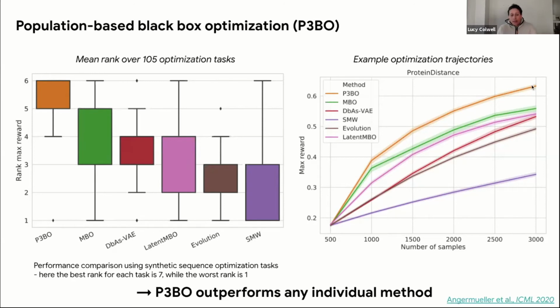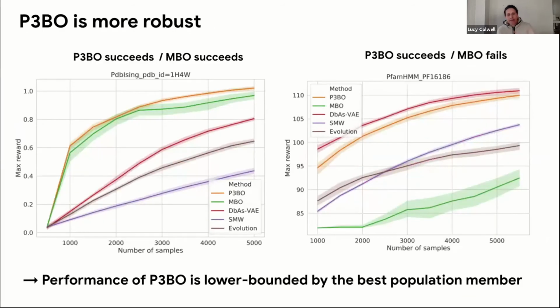And it's sort of cheating because it's basically combining all the other methods, so it should always do more or less as well as those other methods. And so we can see that even in cases where model-based optimization wasn't succeeding, this ensemble method, where we're exploiting the batch, is able to do pretty much as well as the best population member.